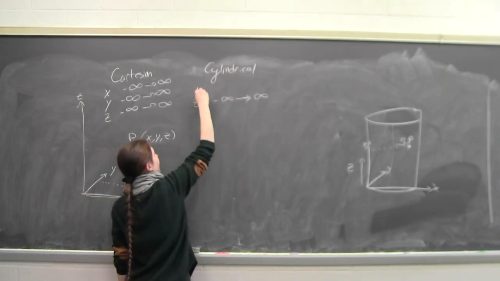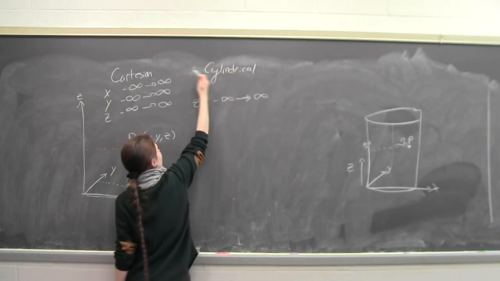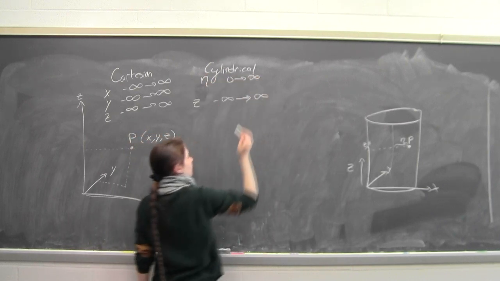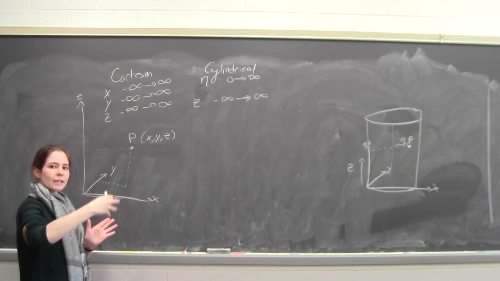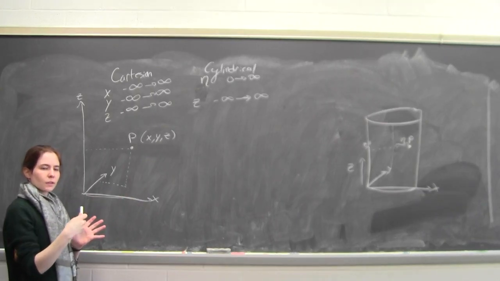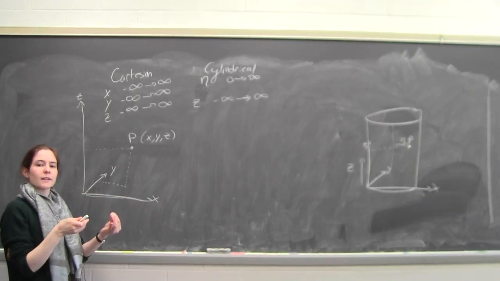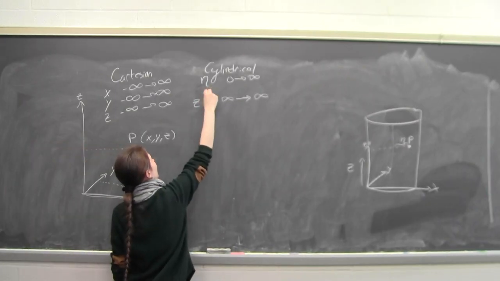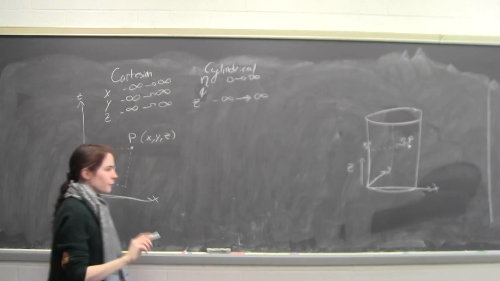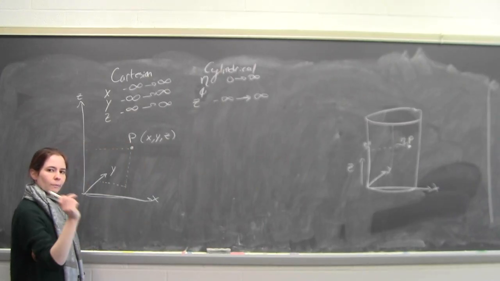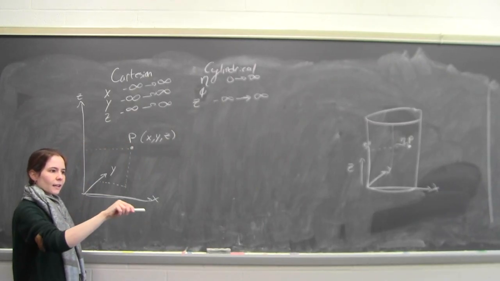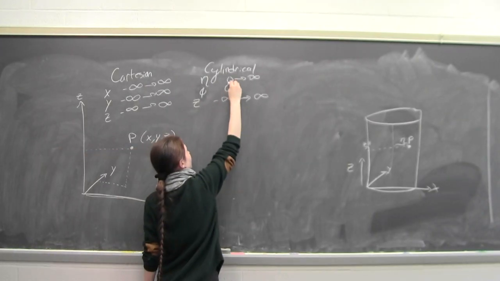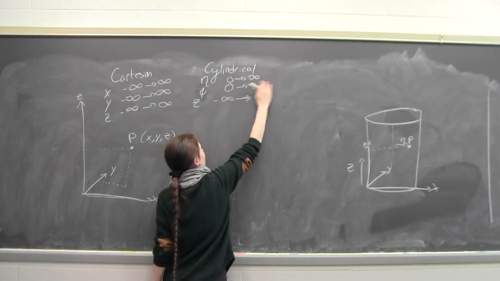And so eta can go from 0 to positive infinity, because it's just a distance. So we can never have a negative distance to the center of the cylinder. So it's either 0, you're right at the center, or some positive number. And then we have phi, and phi is the angle measured from the x-axis. And since it makes a circle, phi is going to run from 0 to 2 pi.